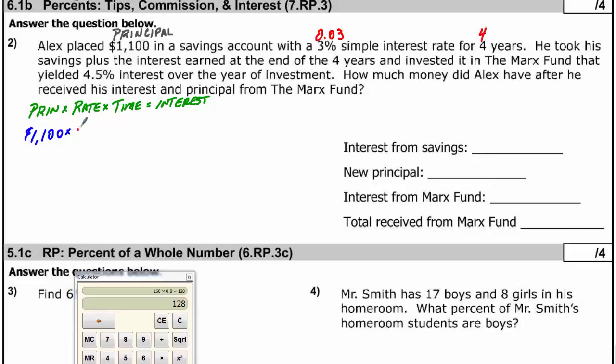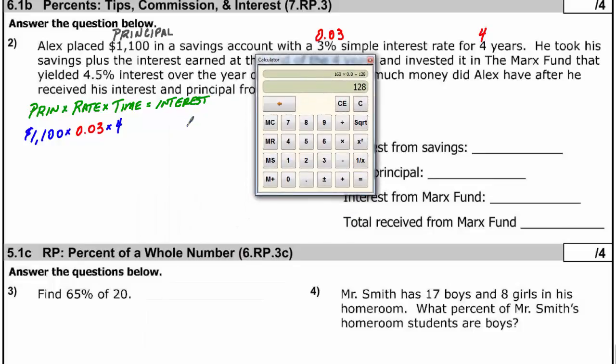If you want to know how much interest you're going to earn, it's the principal times the rate times the time. In this case, it is 1,100 times 0.03 times the 4 years. Now, when you're multiplying, you can only multiply 2 things at a time. So we have to multiply the 1,100 times the 3% interest, and that gives us $33. That is our interest for 1 year, and then we have to multiply that by the 4 to get our total interest, and the $33 times the 4 gives us our total of $132.